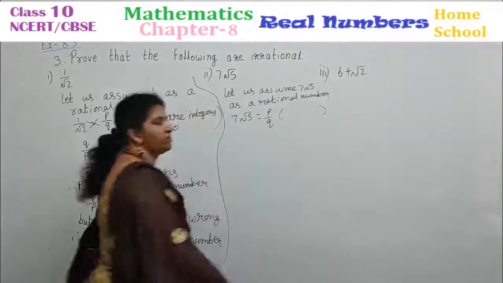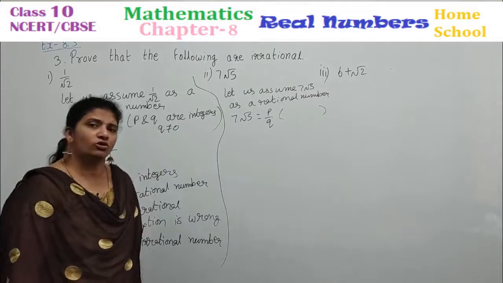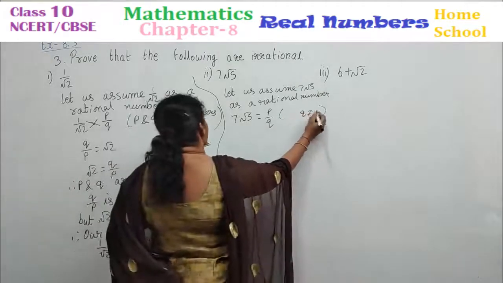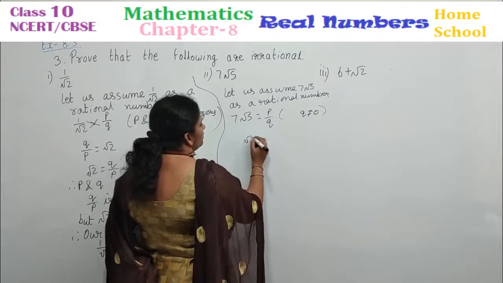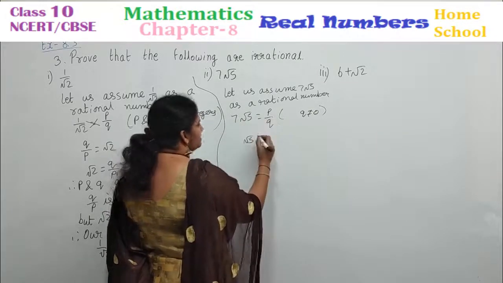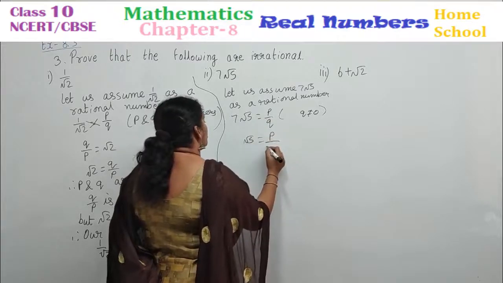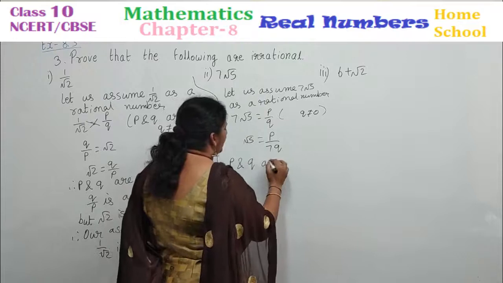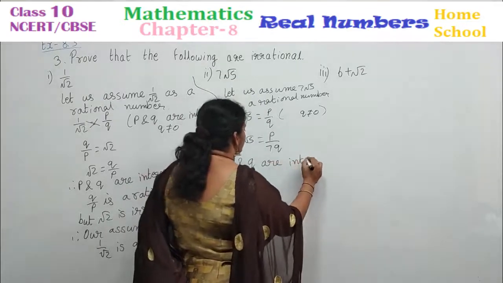Same statement where p and q are co-primes and q not equal to 0. You can write the same statement here, children. Now, other than root 5, what is there extra? Send that value this side. Root 5 is equal to p by 7q, where p and q are integers.